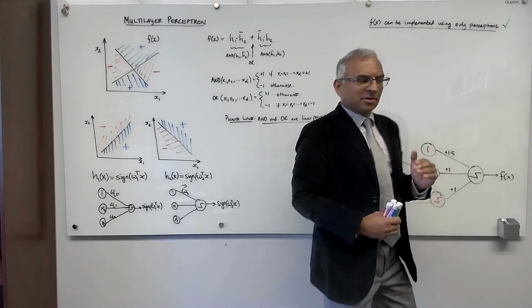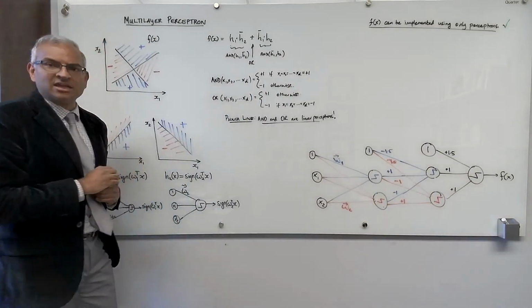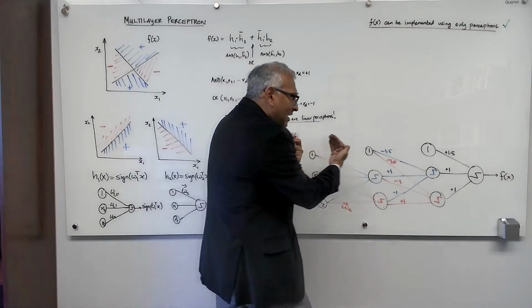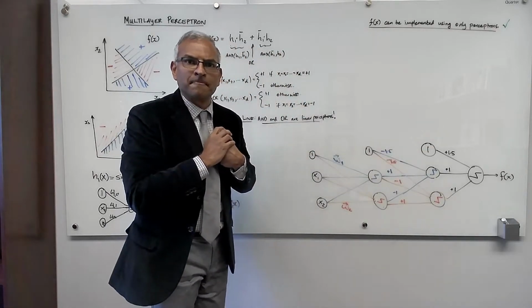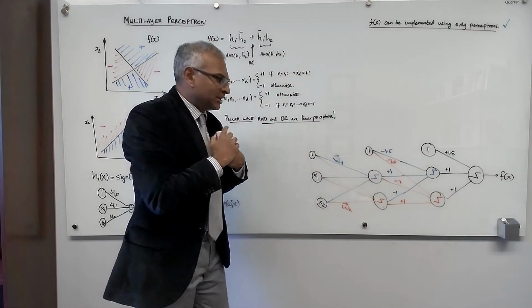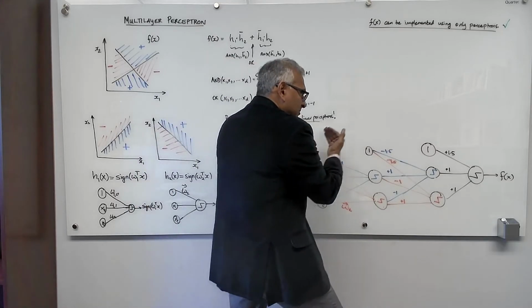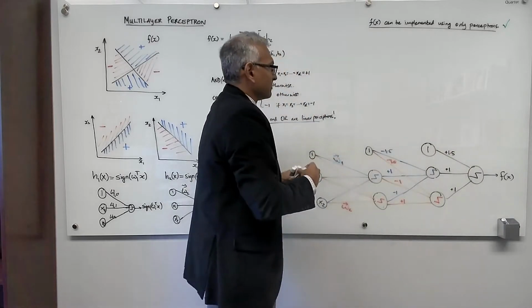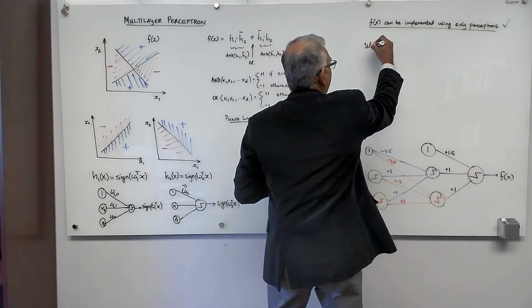So in order to implement this fancy target function, what did I need? I needed the ability to cascade one layer of perceptrons into another. So I have multiple layers of perceptrons. What did I need?